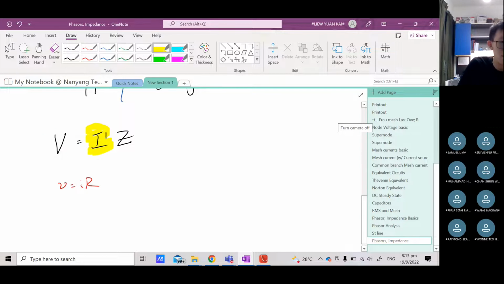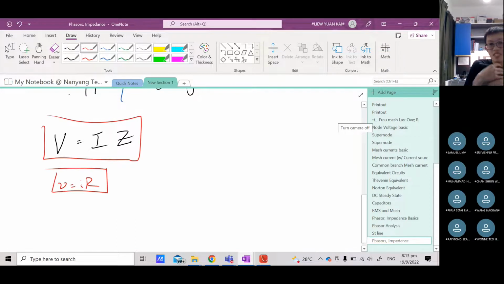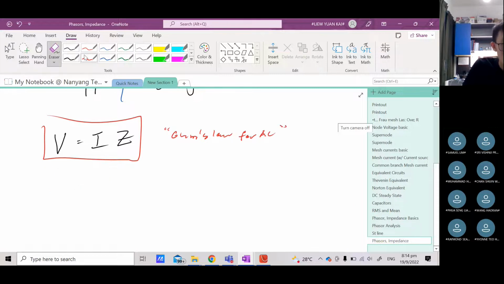Capital I is also a phasor, it's also a complex number, and Z in general can be a complex number. So you see, this formula looks like Ohm's law, so it's really familiar to you already. This is what I would say is Ohm's law for AC.